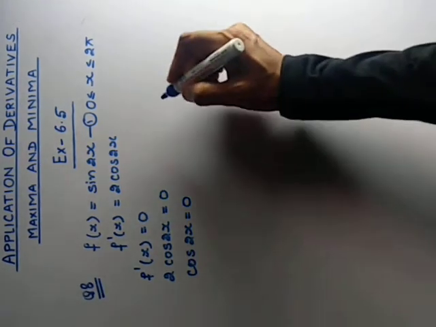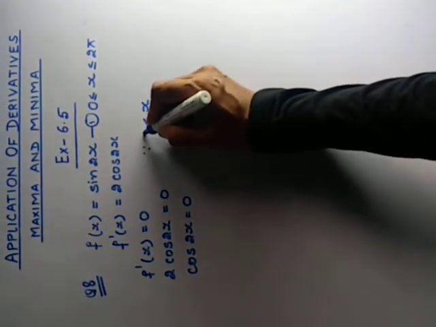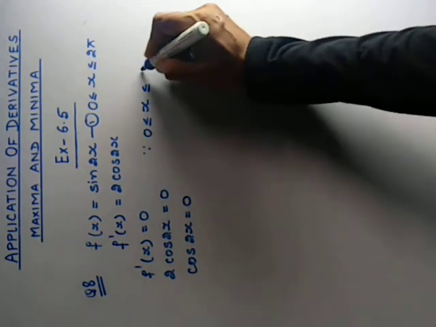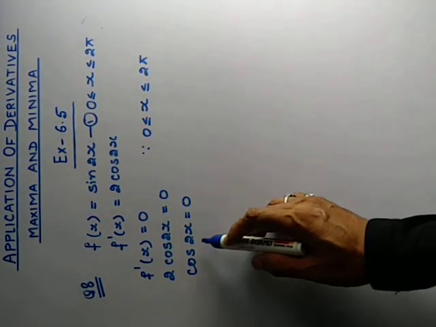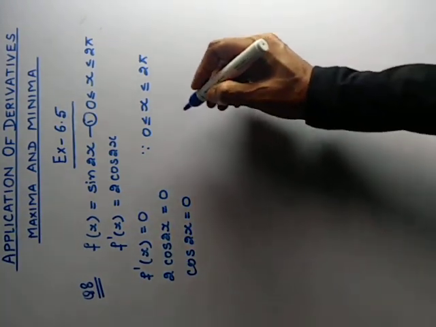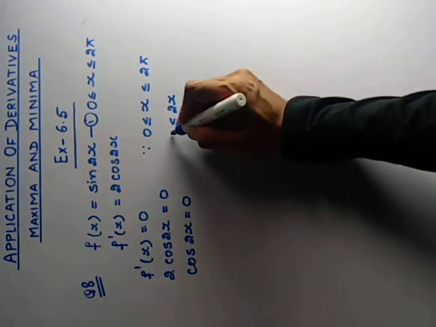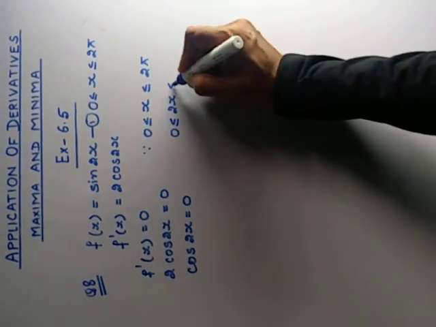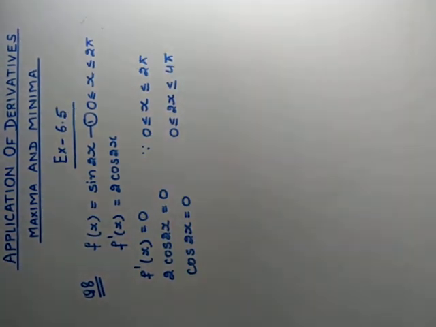Now it is given that x is greater than or equal to 0 and less than or equal to 2 pi. Here the angle is 2x, so if we multiply this by 2, we get 2x greater than or equal to 0 and less than or equal to 4 pi.